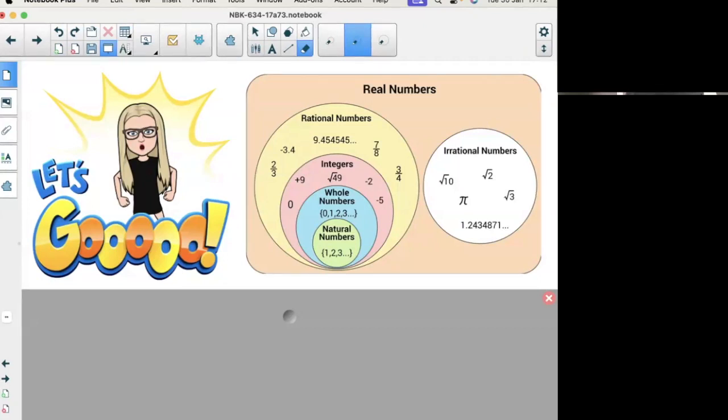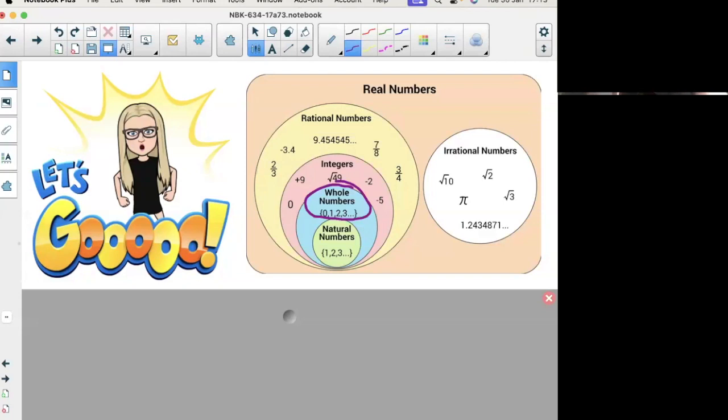Okay, so we're looking at whole numbers this term, and whole numbers sit here. Now, when we first start learning how to count, think about climbing the stairs or walking along the pathways.